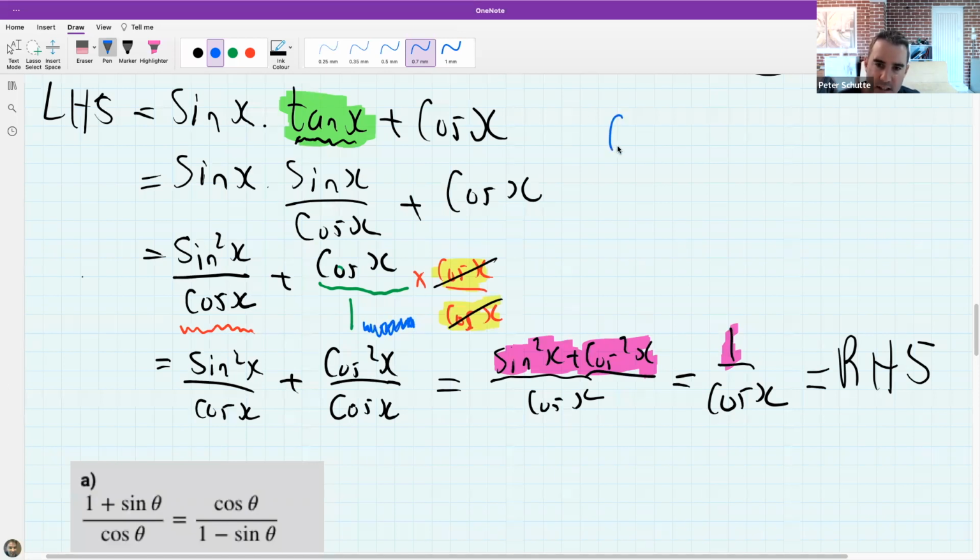So I'm using the idea that if I chose any number in the world, anything over itself is 1. So I basically multiplied this fraction by 1. And when I did that, it didn't change the value. But what's good is that I got my cos x on the bottom that I needed. And then the cos x that was already there on the top became cos squared x. Does that help, Younger?